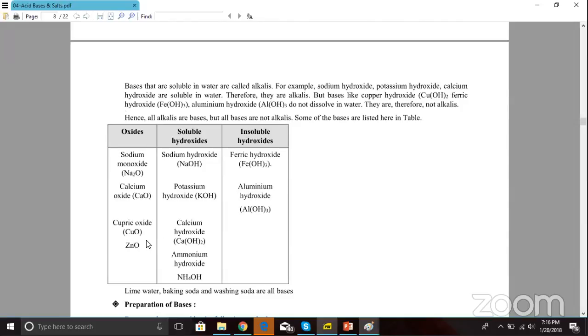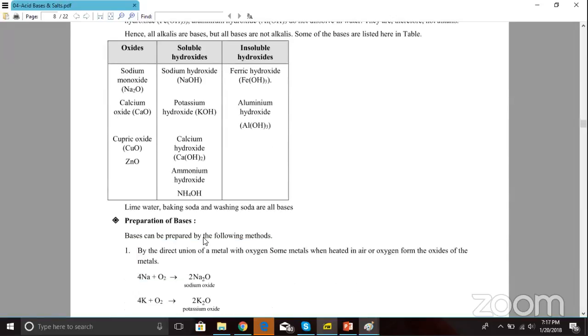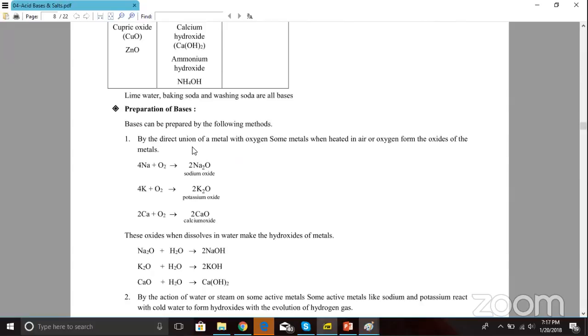Cupric oxide, CuO, forms Cu(OH)2, and ZnO is actually an amphoteric oxide, which forms Zn(OH)2. Calcium hydroxide and ammonium hydroxide are examples of soluble hydroxides. So lime water, baking soda, and washing soda are all bases.